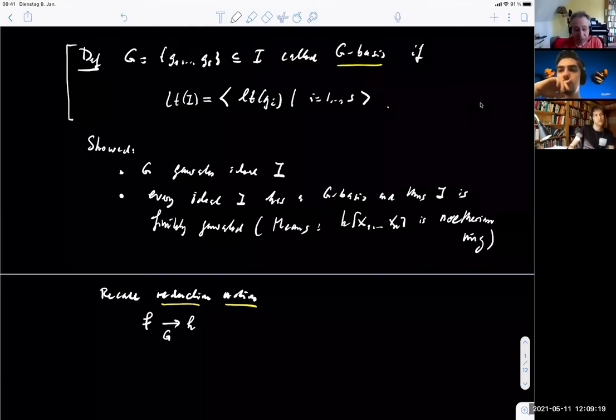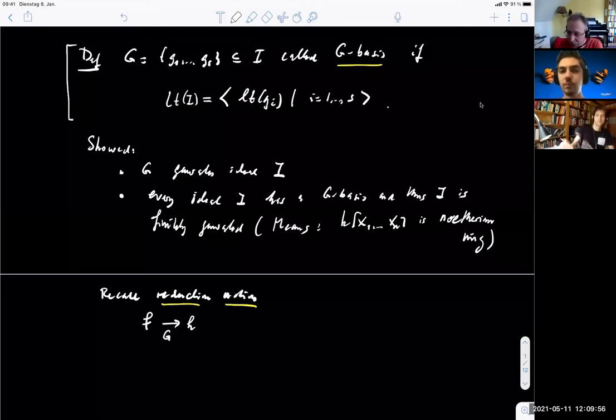Okay, I pick one of the elements of G, let's say g_i. Look at its leading term, the leading term of g_i. And then I try to see whether one of the terms of f is divisible by the leading term of g_i. And if yes, then I can subtract from f a suitable multiple of g_i in order to kill the corresponding term.